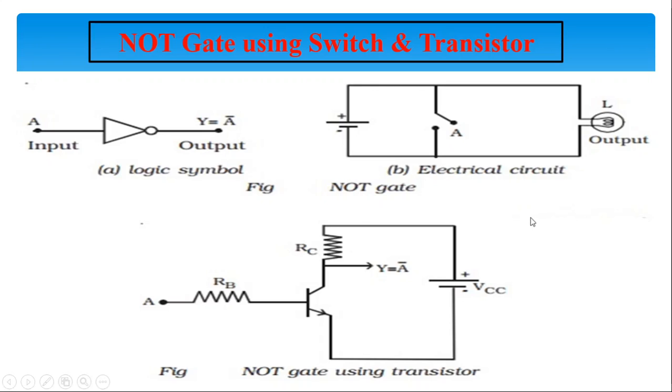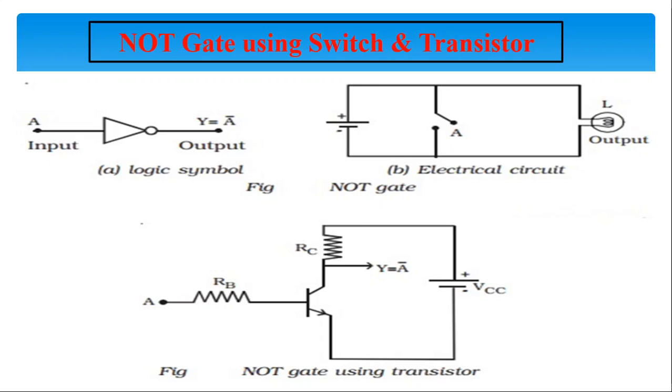Figure A shows the logic symbol for NOT gate. The Boolean expression or logical equation of NOT gate is Y is equal to A bar. The purpose of inverter is to change one logic level to the opposite level.